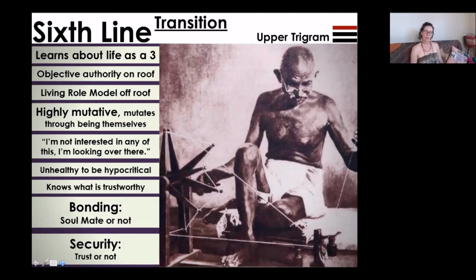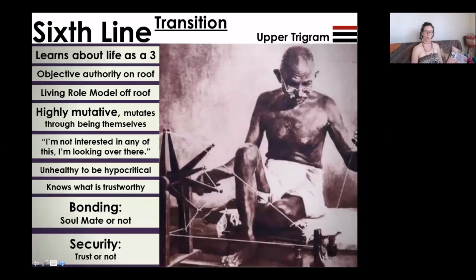And part of that off the roof part is that they're no longer up and detached from life. They're actually, again, engaged in the fray of life. But here they're engaged as an individual. The 6s are highly mutative. So they are people who bring transformation, and they bring transformation through their example.